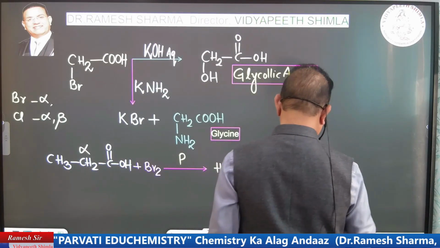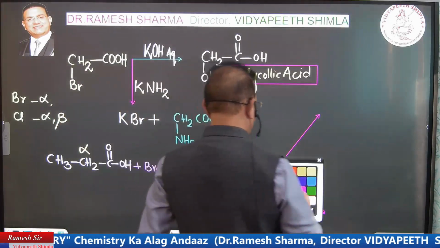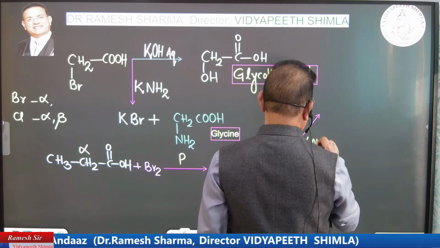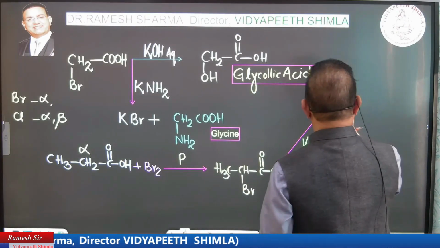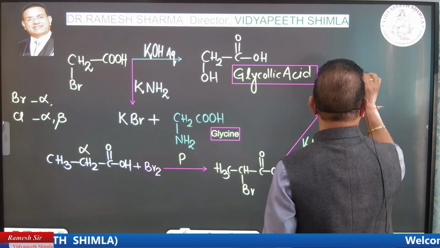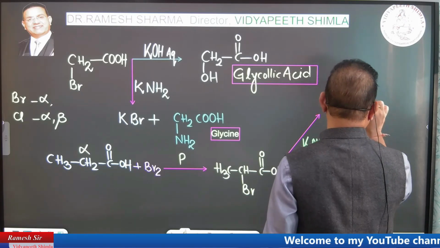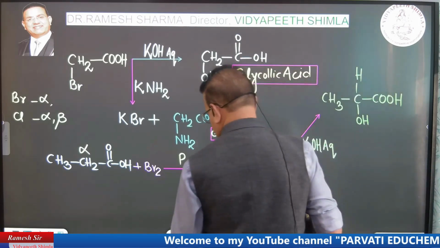This 2-bromo propanoic acid, if treated with aqueous KOH, we will be getting CH3CHOHCOOH, and this we have already done.